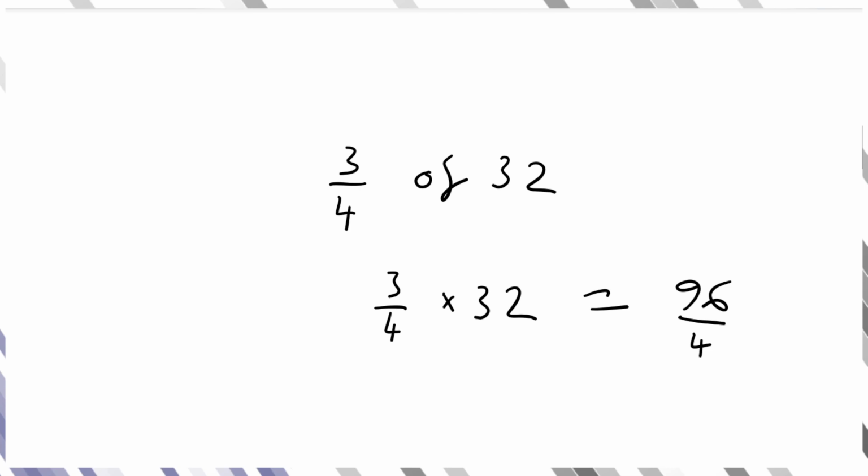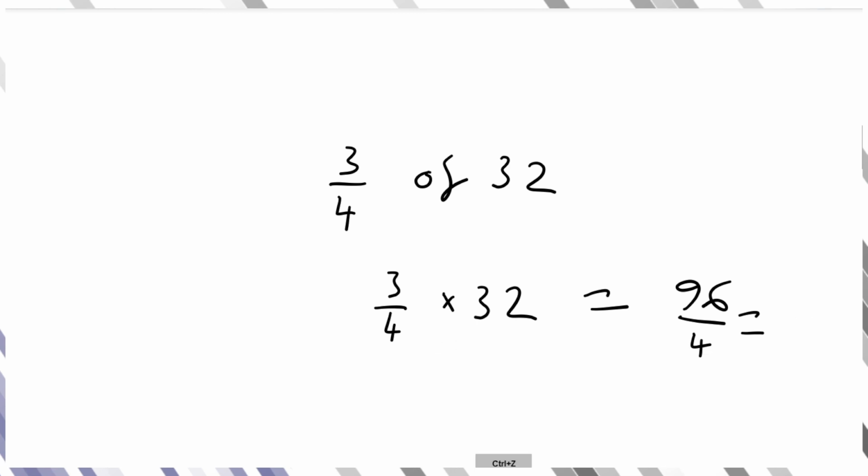So the top and the bottom, we can divide them both by 4. 96 divided by 4 is 24. 4 divided by 4 is 1. So 24 over 1, that's just the number 24. So 3/4 of 32 is in fact 24.